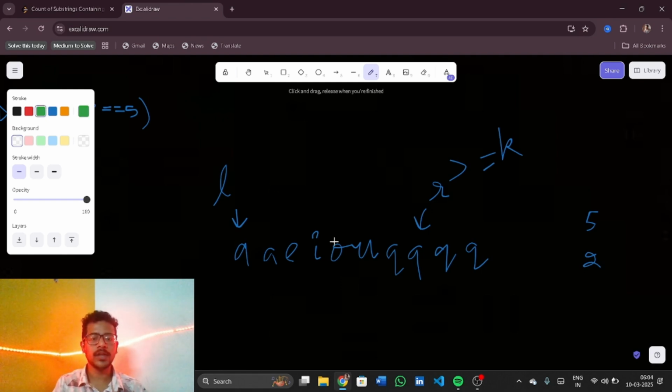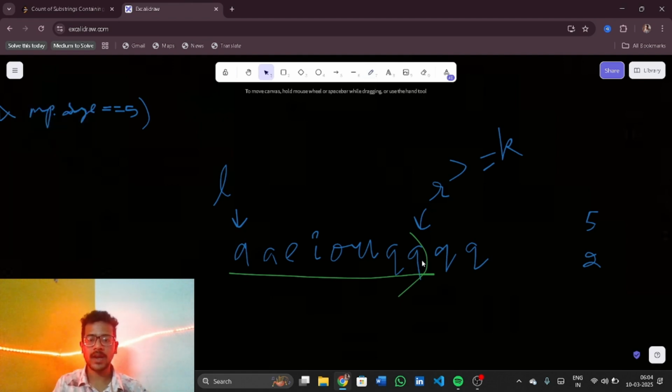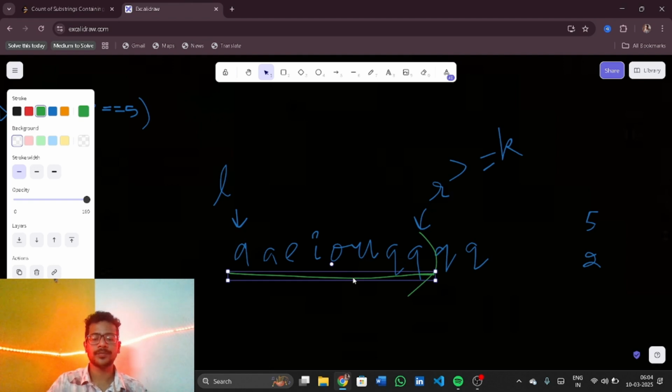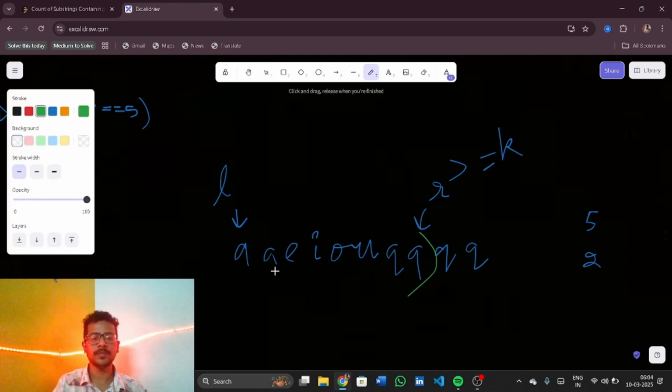Till now, I only got those substrings which are from here. From here, this is one substring, and then another one here, second substring, another one here, third substring. But are these the only substrings which I got? No, absolutely not.